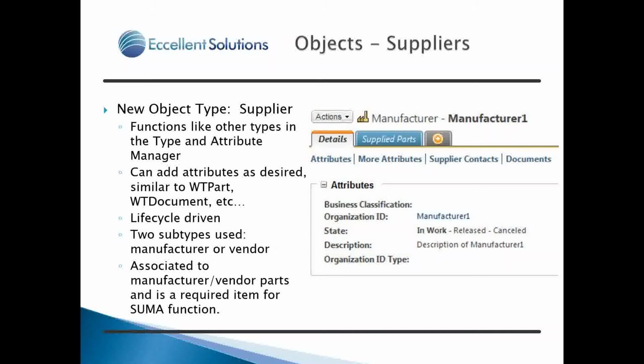It's also lifecycle driven, so you can even control the acceptance or retirement of a vendor or a manufacturer within your company, by initial vetting of the manufacturer or vendor with some initial parts, identifying that they're good to go, or saying that they could be obsolete or canceled as a vendor or manufacturer as well. The main purpose of having the manufacturer and vendor type is that they will be associated to your manufacturer and vendor parts, and it's a required item for Suma functioning.